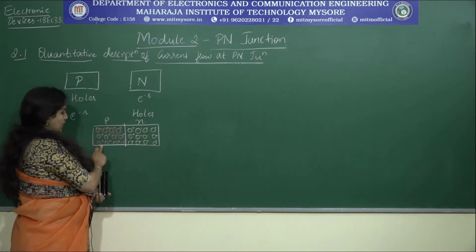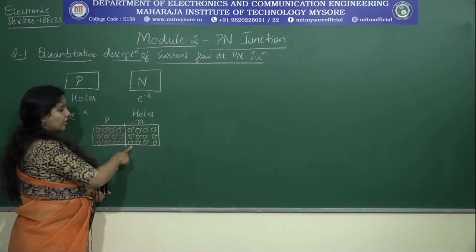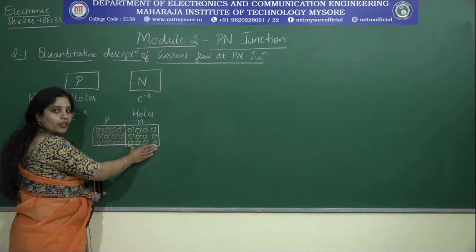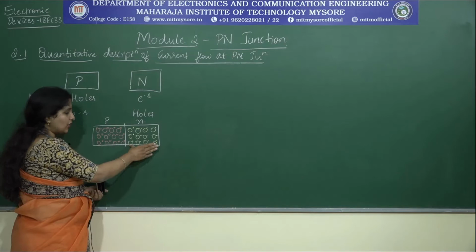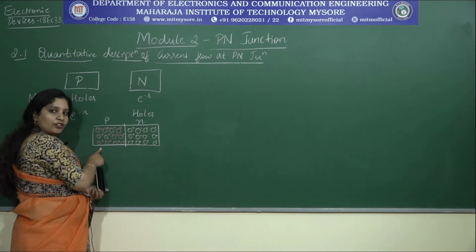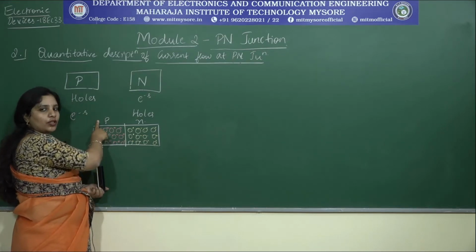what does this indicate? It indicates the holes that are present in the p-type, and this indicates the electrons which are present in the n-type. Now, as you can see, which has the higher concentration? The electrons are present in higher concentration in the n-type, and in the p-type the electrons are in lower concentration, and vice versa for the holes.